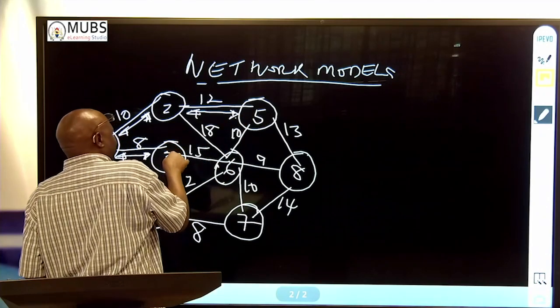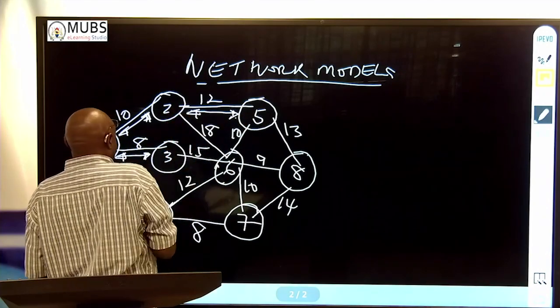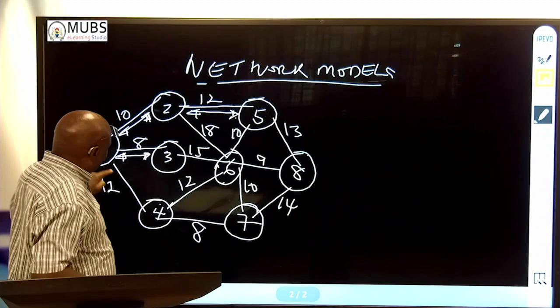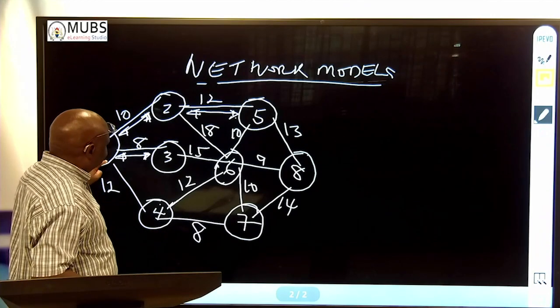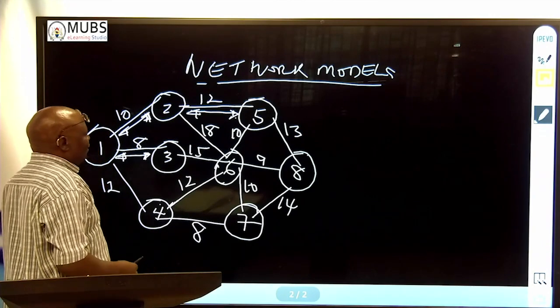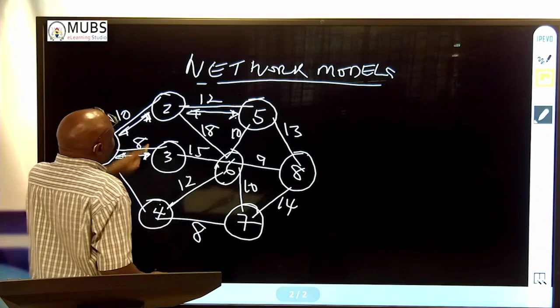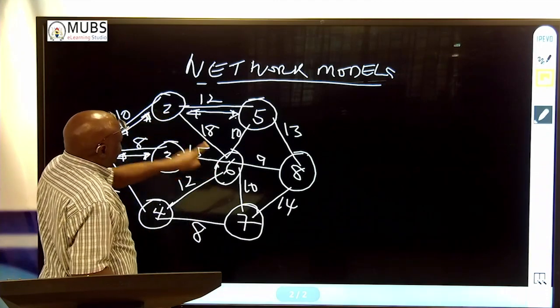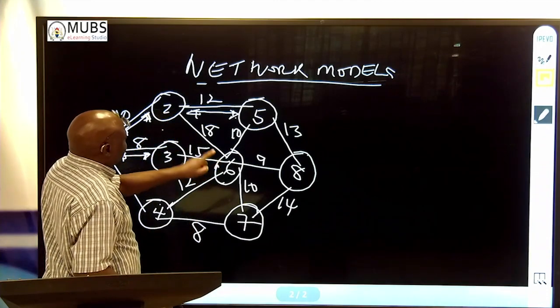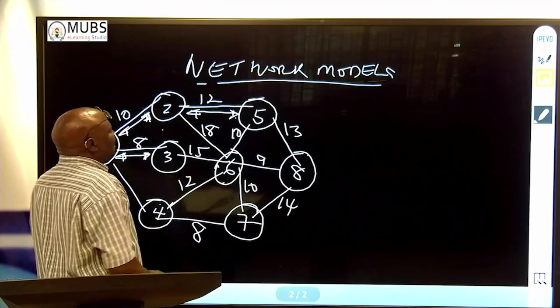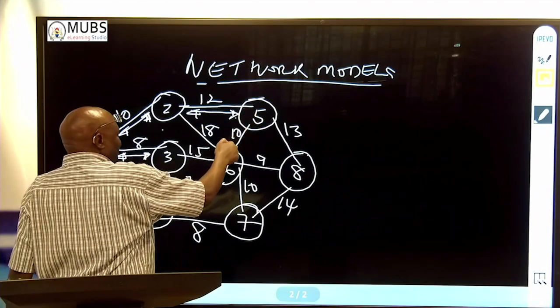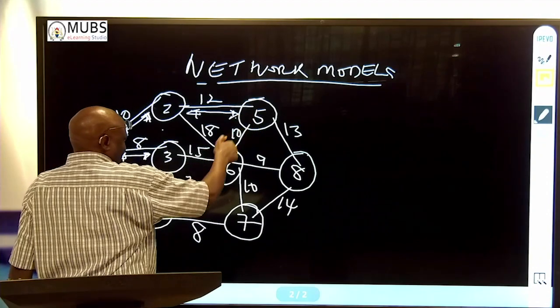Now, this one is connected, this one is connected, this one is connected. Now, 6 is not connected. We could connect this one to that, it would give us 18. We can connect 5 to 10, it would give us 10.